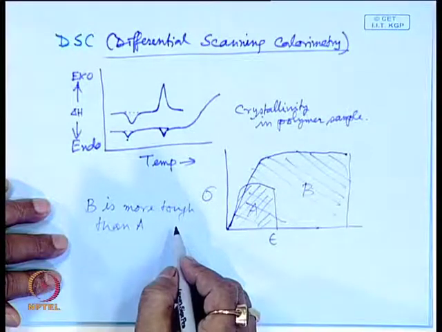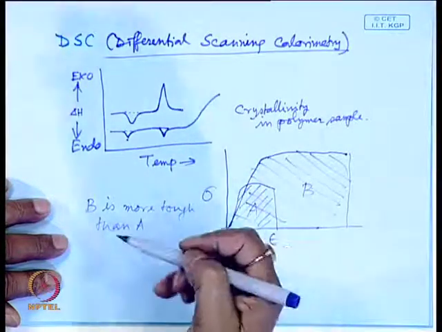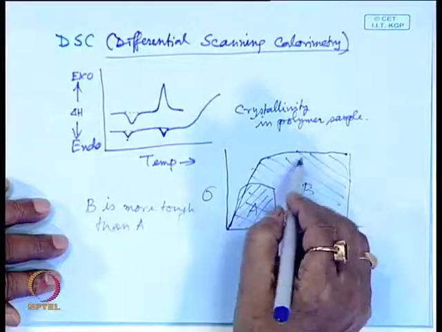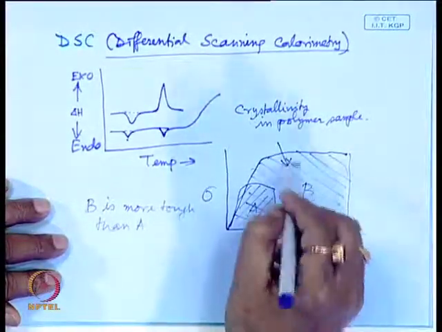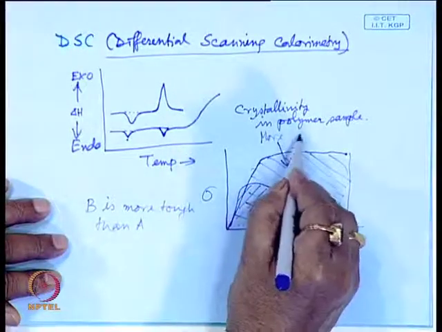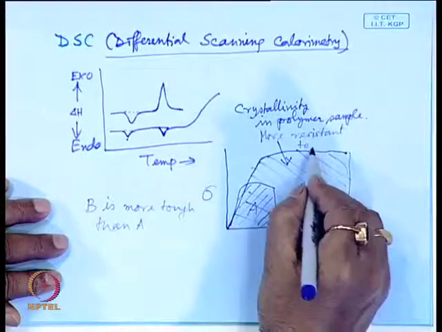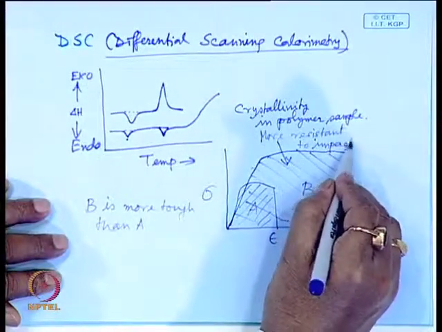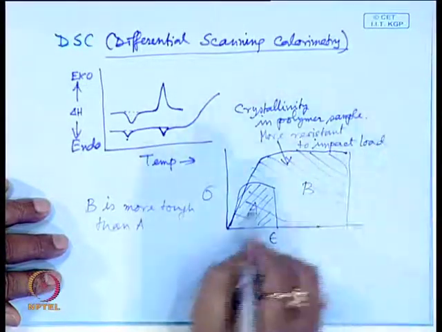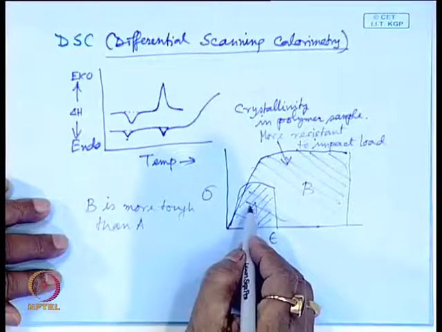What does it indicate? That means it can withstand more stress and absorb energy before failure. So this material will be more resistant to impact load, whereas this will be less resistant to impact load.